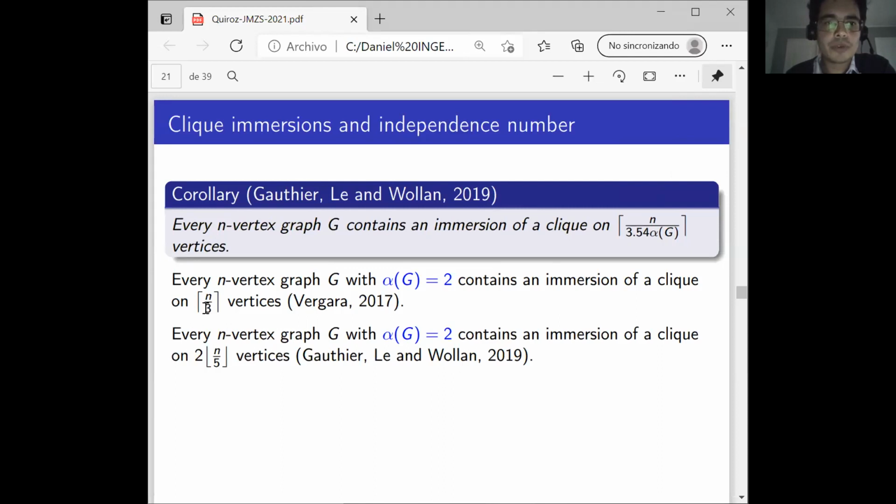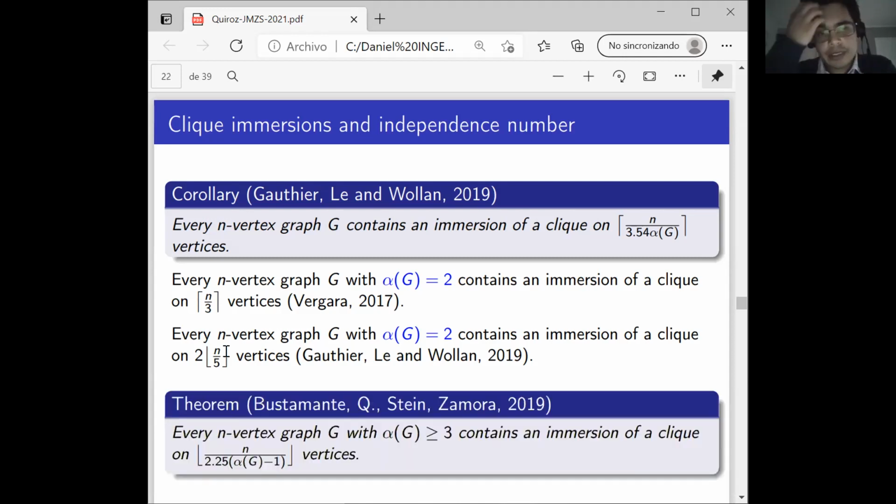And she actually proves that you can do n over 3. But Gauthier, Le, and Wollan further improved this, and they proved that you can actually get a clique immersion on 2 times n over 5 vertices. So that's what was known for alpha equals 2.